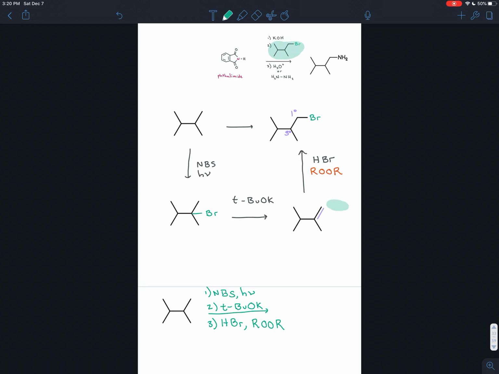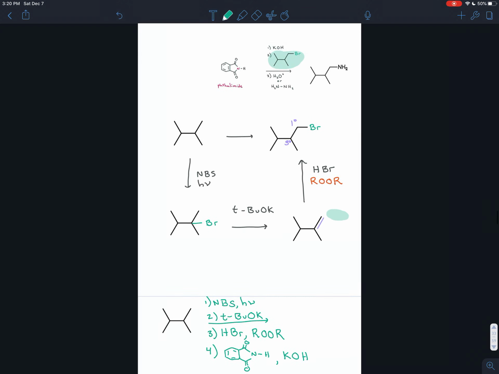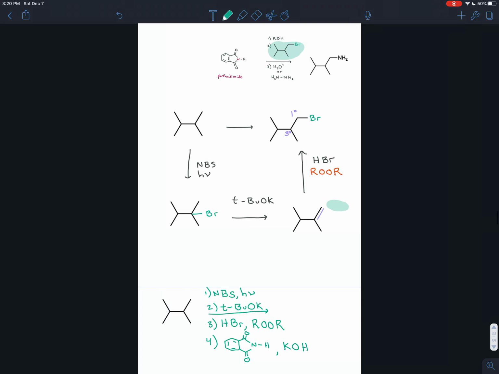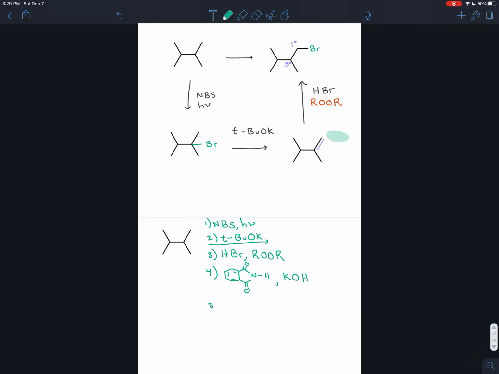Once we have that, we can take phthalimide, treat it with potassium hydroxide, and those will react with our alkyl halide that we've made by this point, and then hydrolyze it.